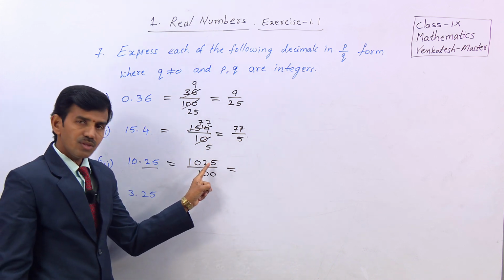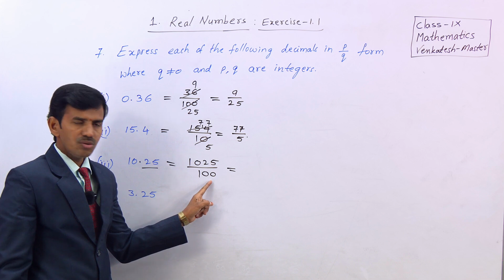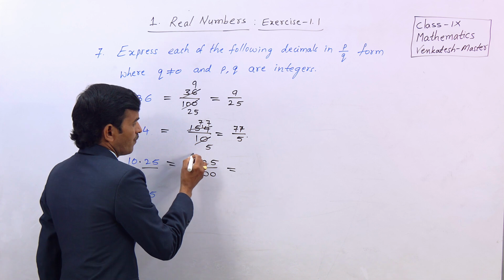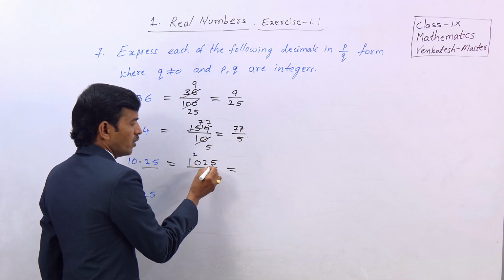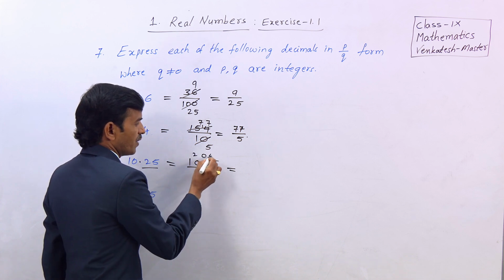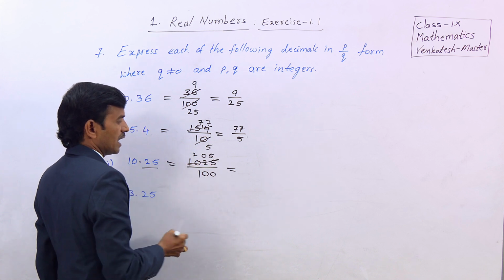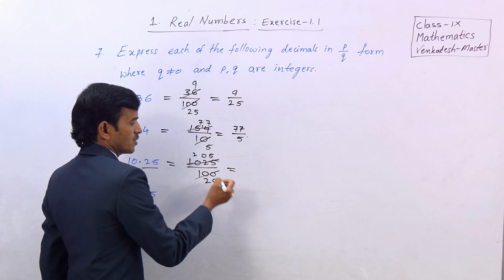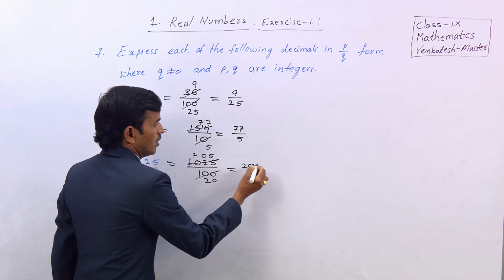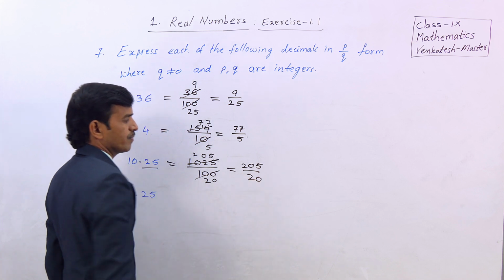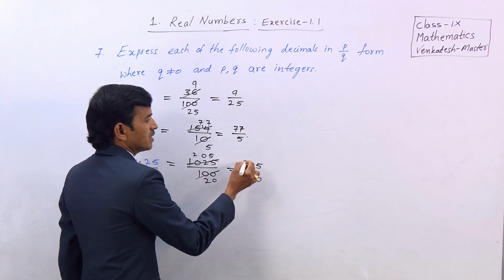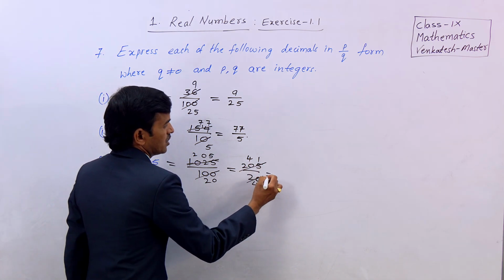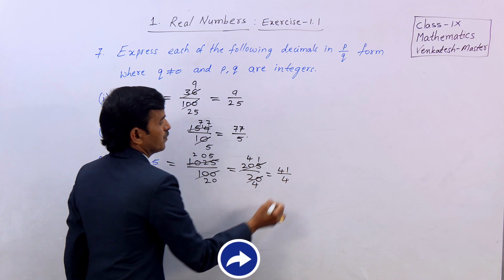As the numerator ends with 5, we can cancel this fraction with 5. 5 2s are 10, 5 5s are 25. Then what is left over? 245 by 20. Once again we can cancel this as 5 4s are 20, 5 49s are 245, so it becomes 49 by 4.